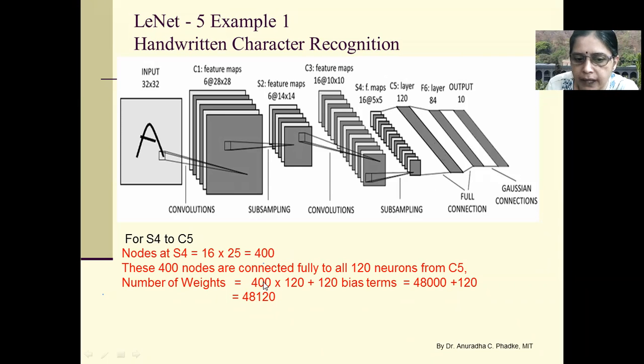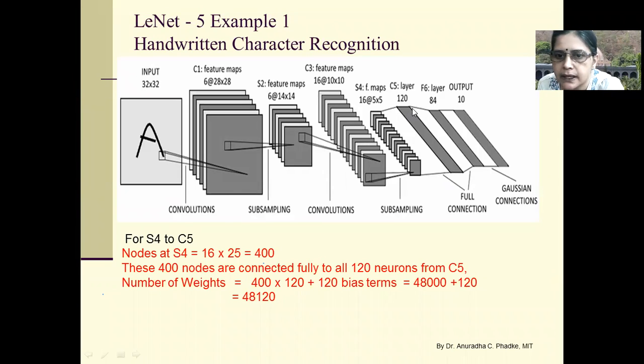So we need weights which are equal to 400 into 120. And for every node from this layer, we need a bias term. So we are adding 120 here. And thus 400 multiplied by 120 is 48,000 and plus 120. So this gives us total number of weights between this flattened layer and C5 layer are 48120.